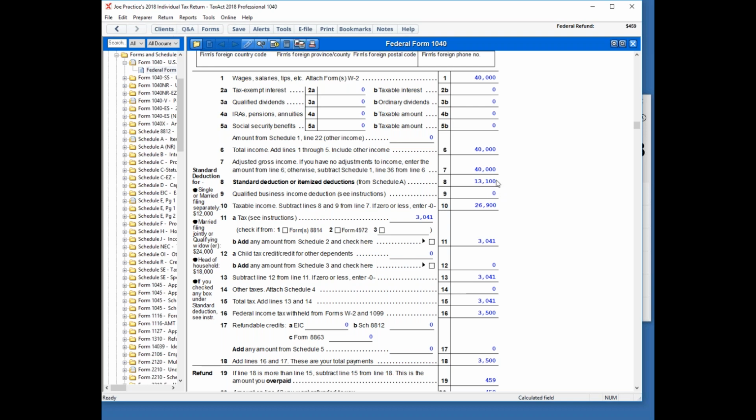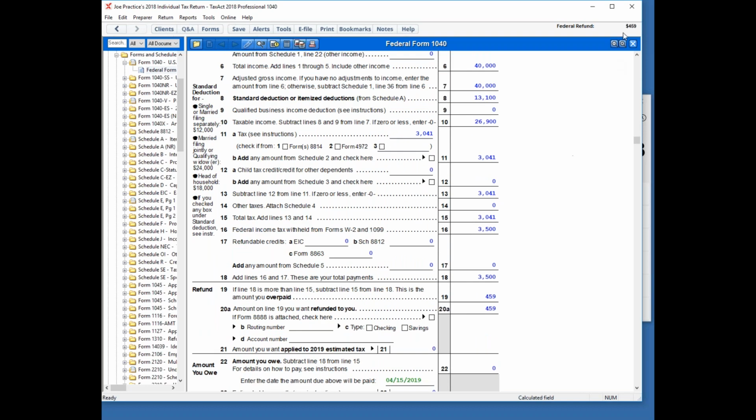Because if you don't itemize, then there's no reason to even do the tax court method calculation. So in my little example, yep, we do have enough to itemize. I can go in and show you what they were, but it's not important to know. Just to know that we do have enough to itemize.